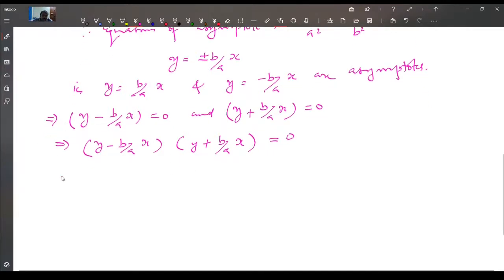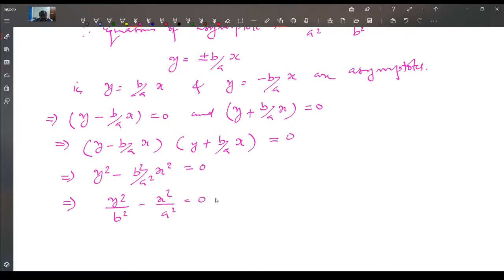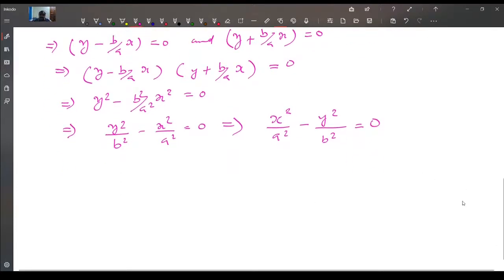This implies y square minus b square by a square into x square is equal to 0. Dividing by b square, you will get y square by b square minus x square by a square equal to 0. Now multiply by minus 1, so you will get x square by a square minus y square by b square equal to 0. So this is an easy way to find the pair of asymptotes.